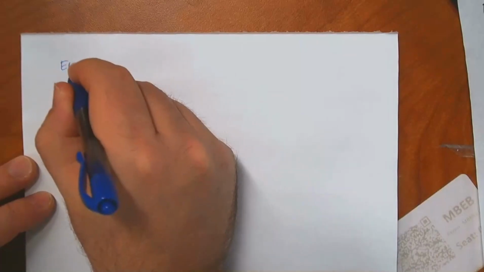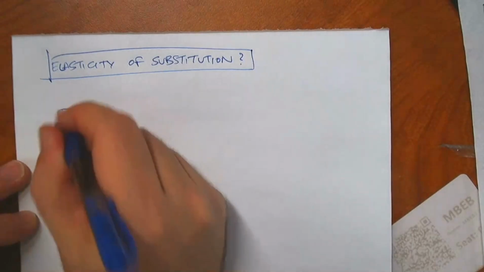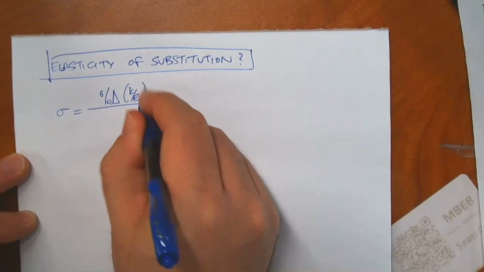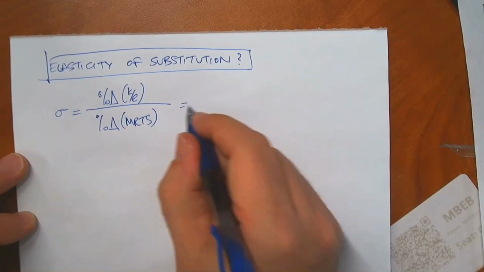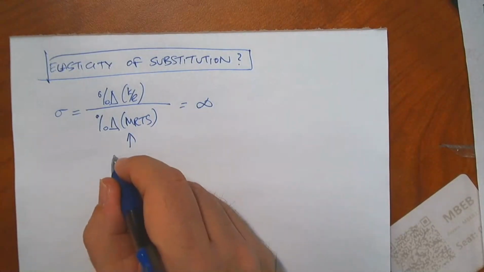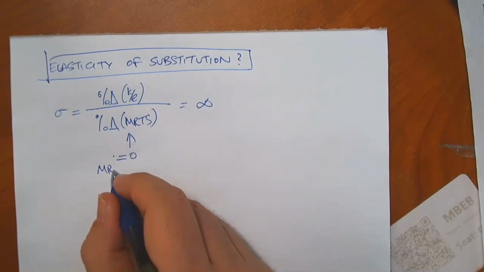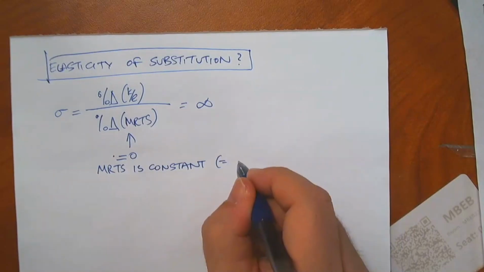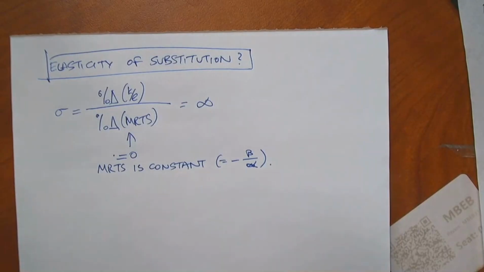So elasticity of substitution is defined as sigma, formally the percent change in the capital to labor ratio over the percent change of the MRTS, which we call infinity in this example because the percent change in MRTS is equal to 0, because MRTS is constant, equal to minus beta over alpha. Hopefully that's clear.